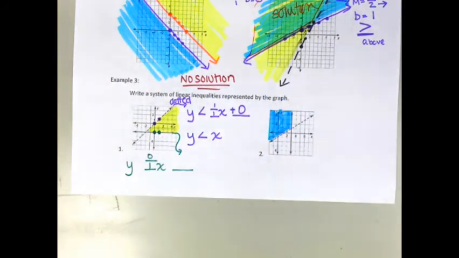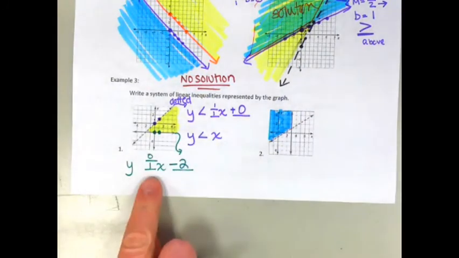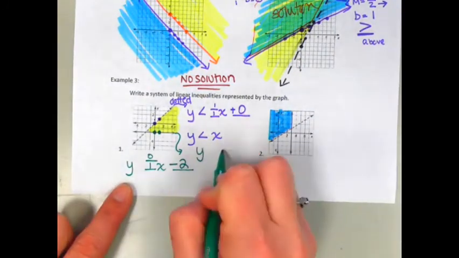So 0/1 is just 0. And what's 0 times x? 0, it's gone, isn't it? Let's find my y-intercept. Where does this cross the y-axis? At -2. So this cancels, so we have y, we have -2.